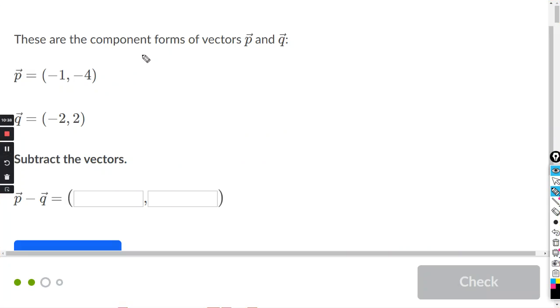Here they give us the components of vectors p and q, and they want us to subtract p minus q. That's very easy. You just subtract the x's and the y's. Negative 1 minus negative 2. The two negatives make it positive, so that's just 1.